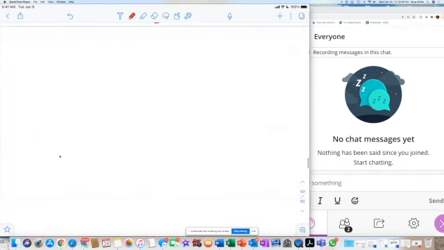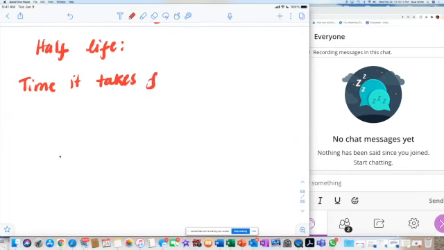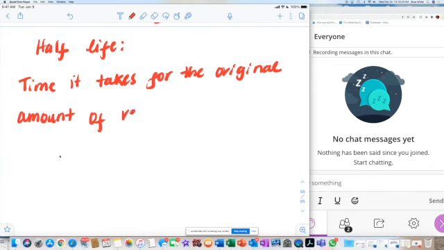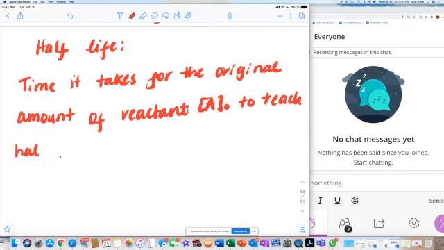Half-life is the time it takes. So we're figuring out something called the half-life. Half-life is the time it takes for the original amount of reactant, that will be A naught, to reach half the amount.